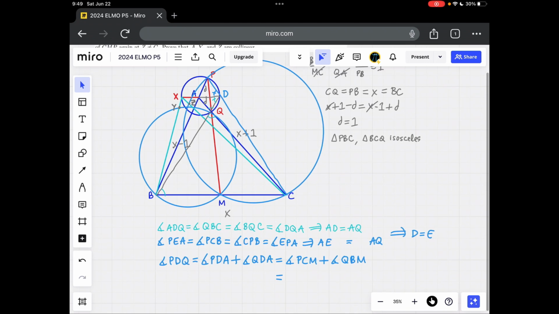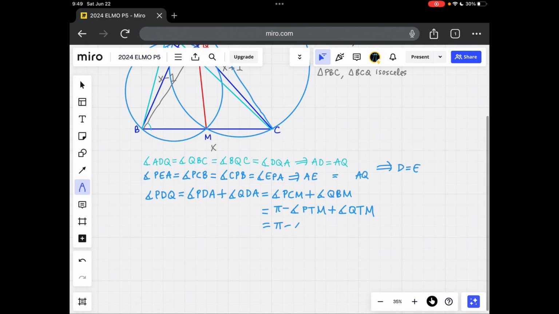And specifically, if we let the two circumcircles of PCM and QBM intersect at point T that's not equal to M, this is going to equal pi minus angle PTM plus angle QTM.